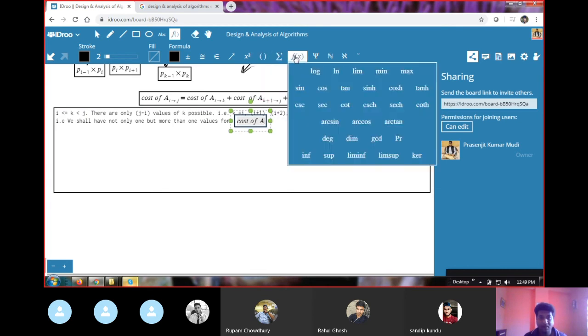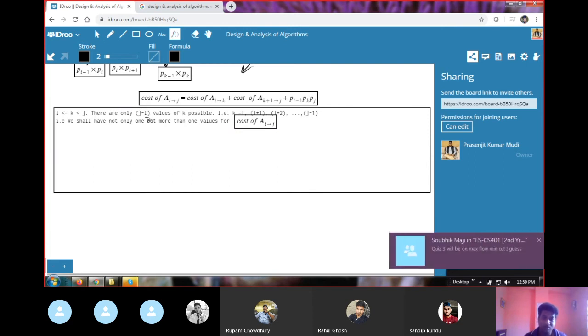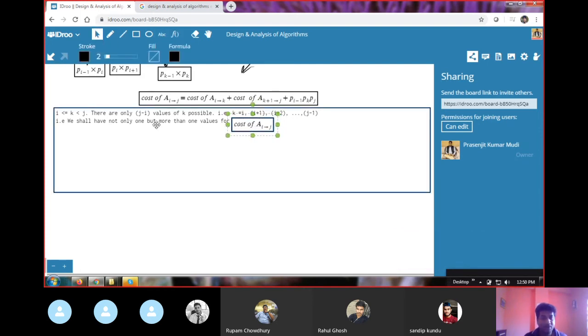A i pointing to j. So we have more than one value for this. How many values do we have for the cost of i to j?